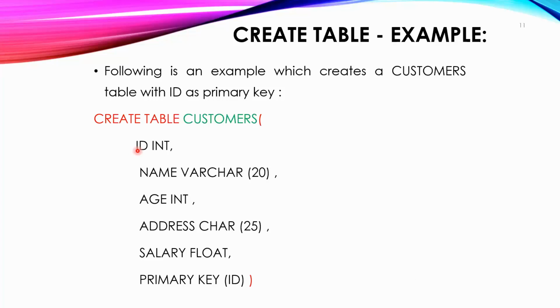And you know that we have to mention a primary key for each and every table, because if we do not mention a primary key, we cannot uniquely identify each and every record within a table, right? So for each and every table, mention what the primary key is.